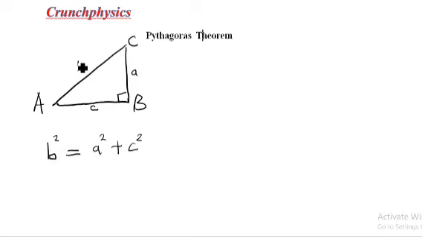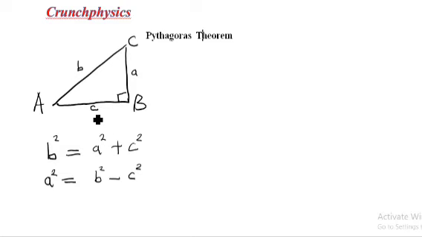If two sides are given, you can apply this formula. Now if we are given the hypotenuse and either of the sides, let's say a was not given, you can state it as a squared equals the hypotenuse squared minus the other side, c squared.